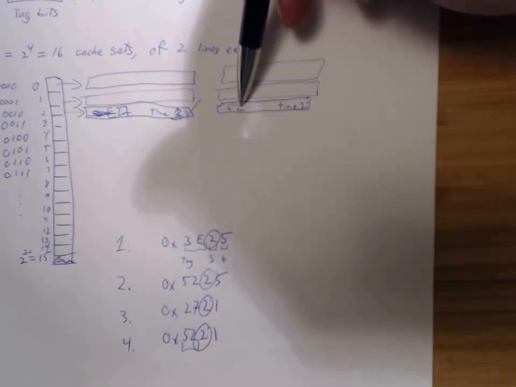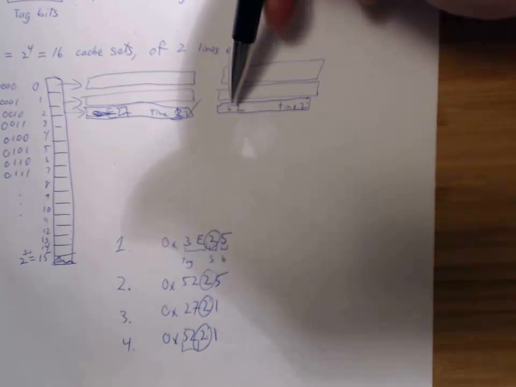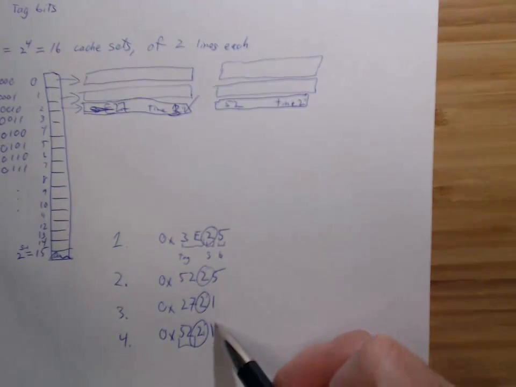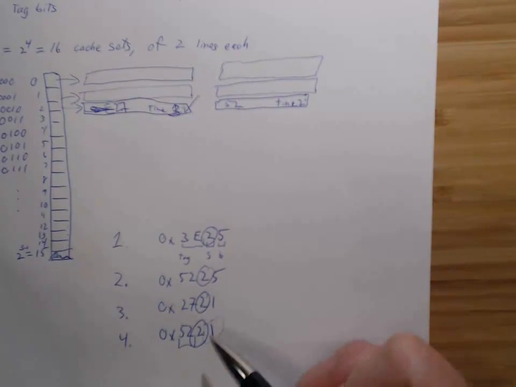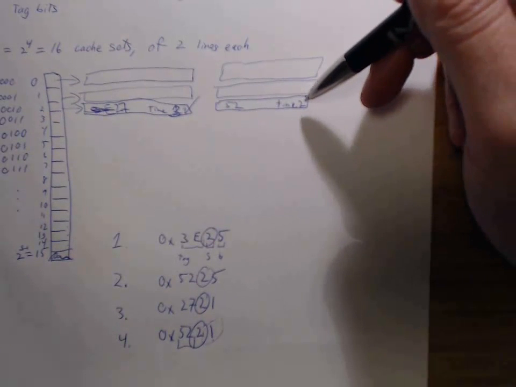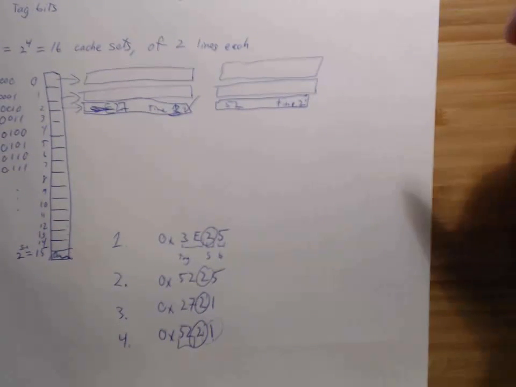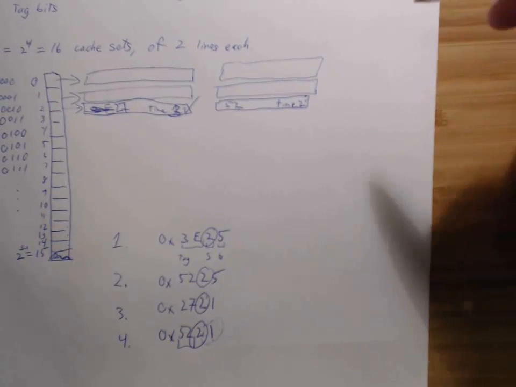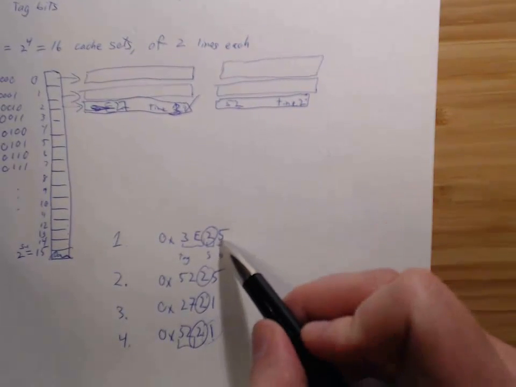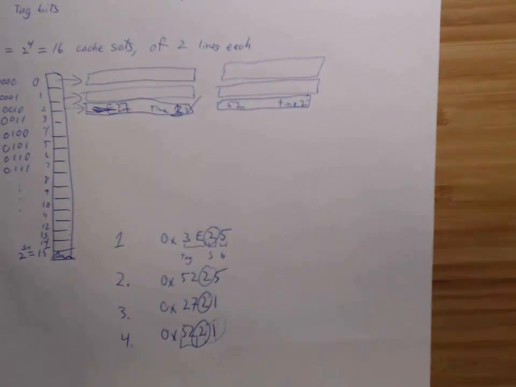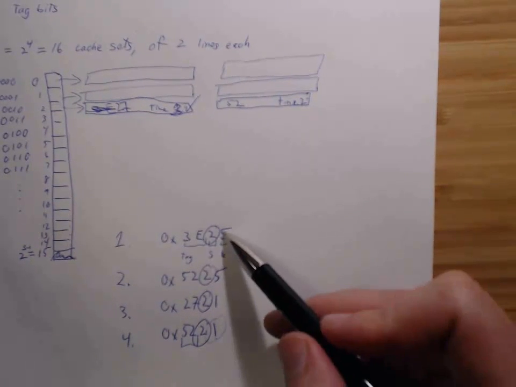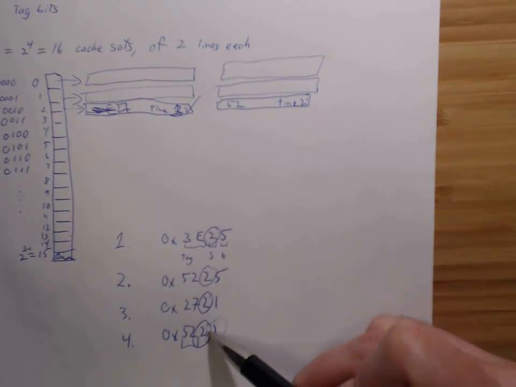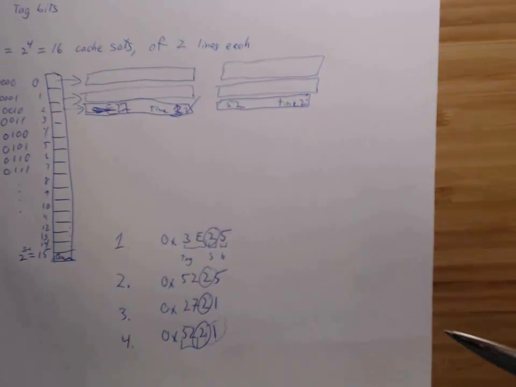So 52, that tells me I have a hit. Okay, so I have a hit, and basically I can ignore the block offset because I didn't actually have to store the data, but each one of these cache lines would have stored 2 to the 4 bytes, which would be 16 bytes. So basically this last digit here we can ignore as if it doesn't exist, okay, except that we need to shift over in order to isolate the set address.